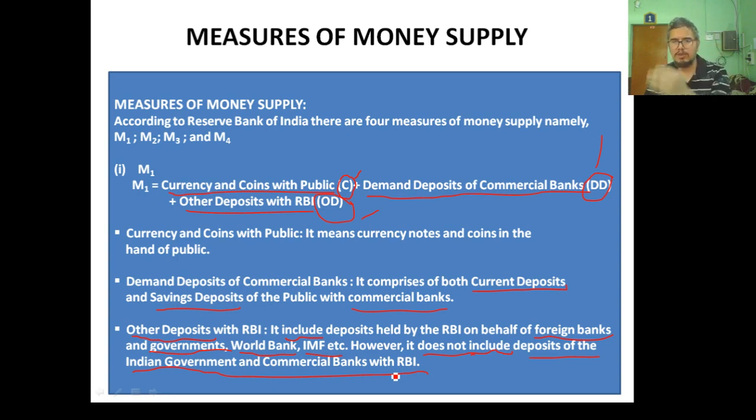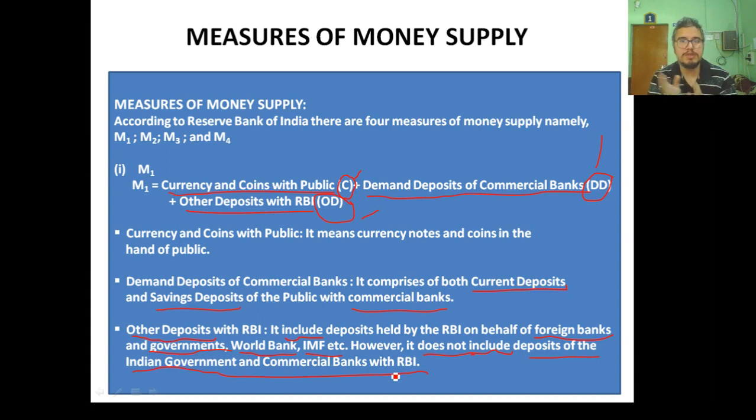And currency and coins with the public simply means currency notes and coins which are held by the public. Demand deposits of commercial banks comprise savings account deposits and current account deposits of the public with commercial banks.